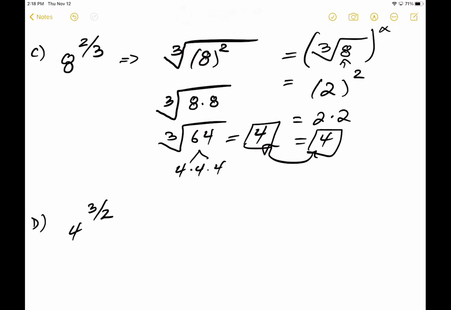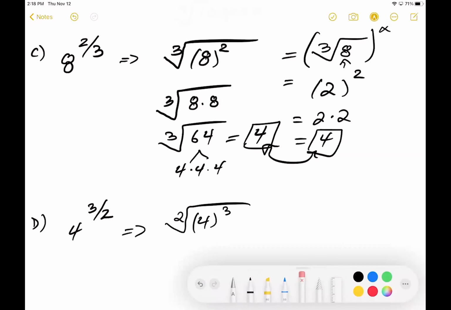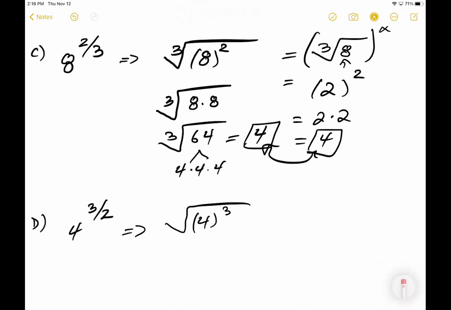If you see this item, first of all, if you convert this, we know that this is a square root of 4 raised to the third power, right? And we don't have to write a 2 here, because if there's no number, we know it's a square root.